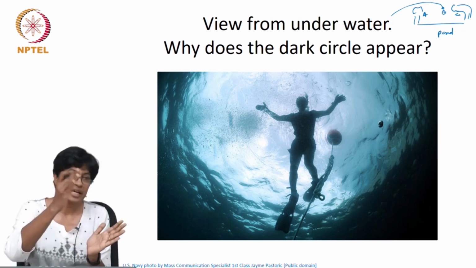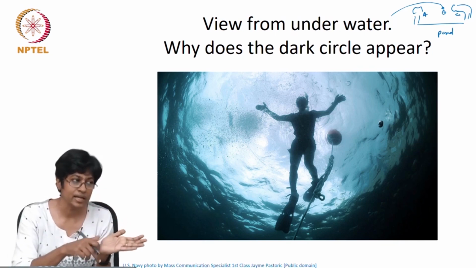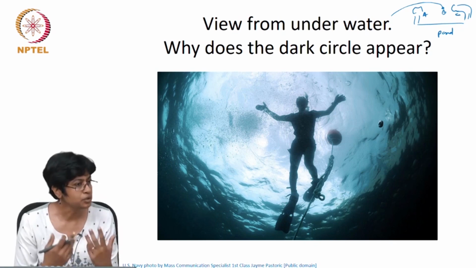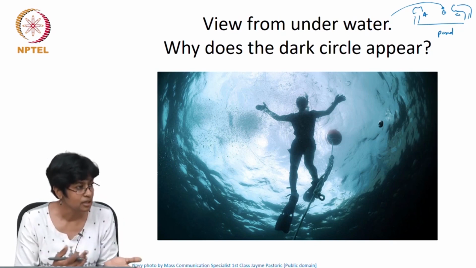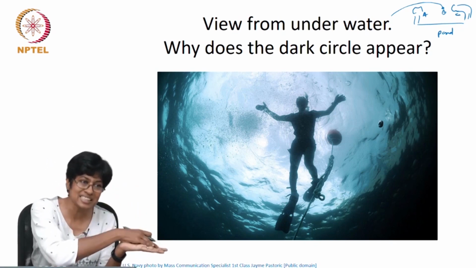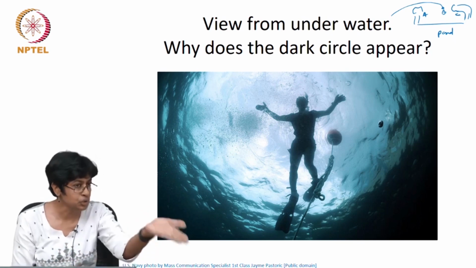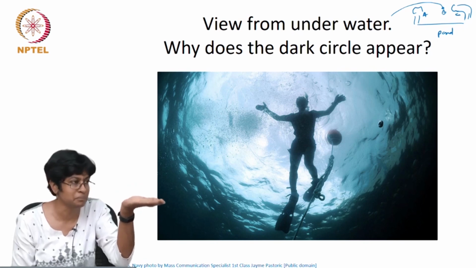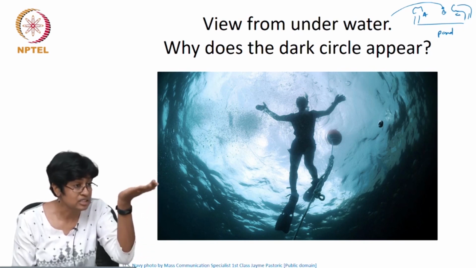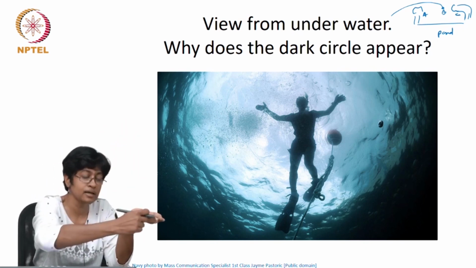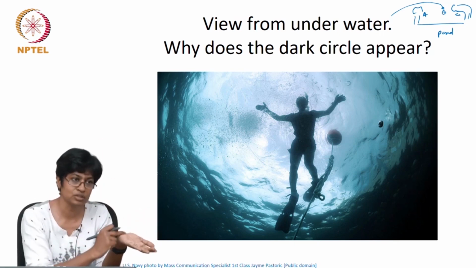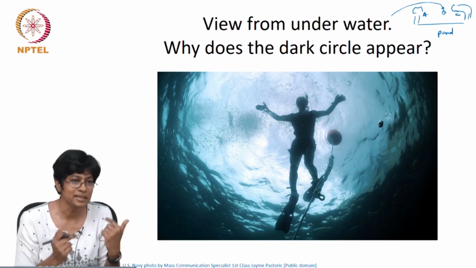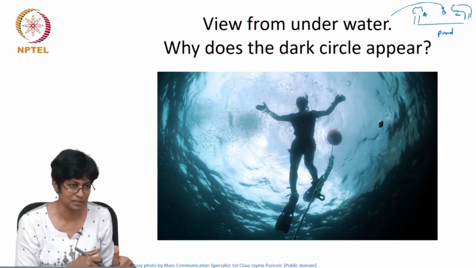We know that the amount of light that refracts or reflects changes with the angle of incidence. When do you have the best reflection? The closer you go to glancing angle. Right? You can take even your notebook, hold it up at glancing incidence, and it's almost like a mirror. It's very reflective when you're looking at very large angles of incidence. If more light is being reflected, it means less light is being refracted.